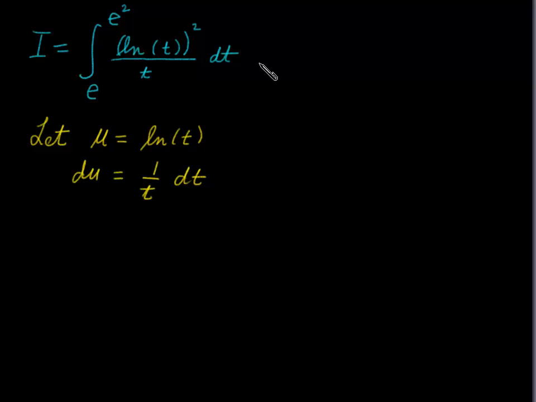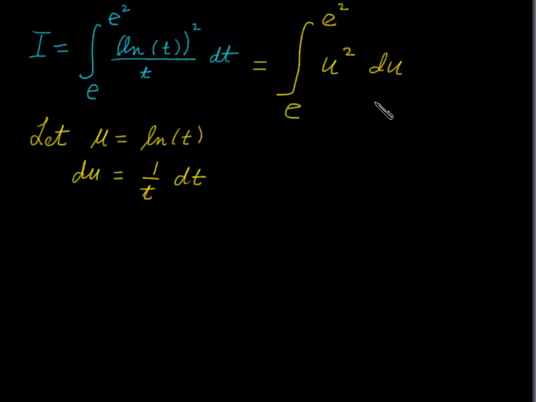I could even, if I wanted to, rewrite this one more time. Integral from e to e squared. Now instead of log t, this would be u to the second power. And then I've got a 1 upon t and a dt. 1 upon t dt is du.